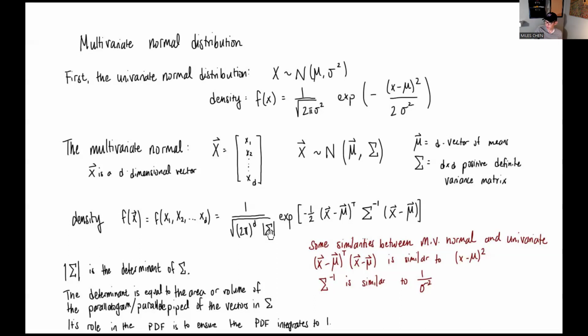Okay, so the determinant is equal to, I guess, the area of the, if you think about what sigma is, you get this 2 by 2 matrix, and you can take those columns and make vectors out of them, and then you'll get a parallelogram, right?